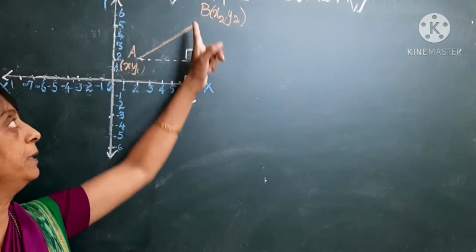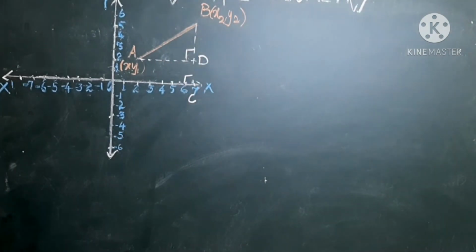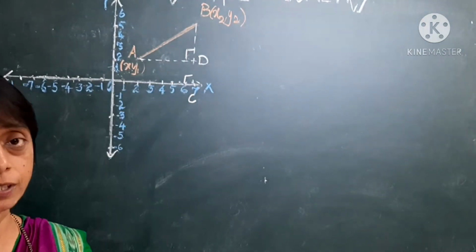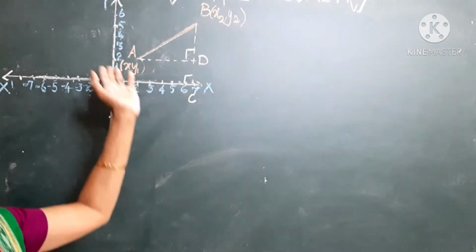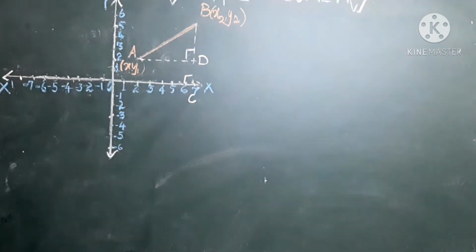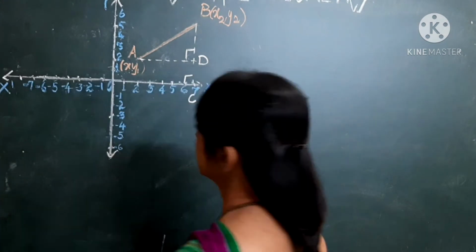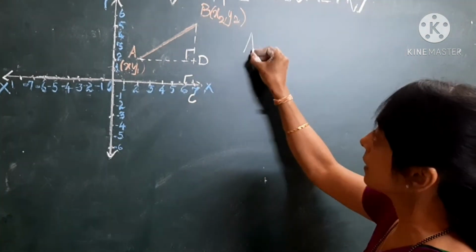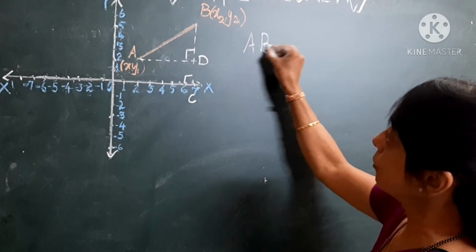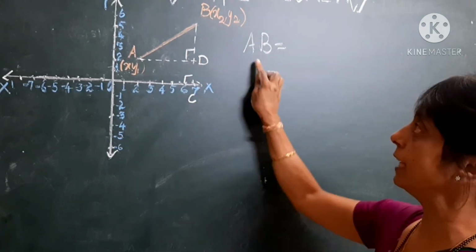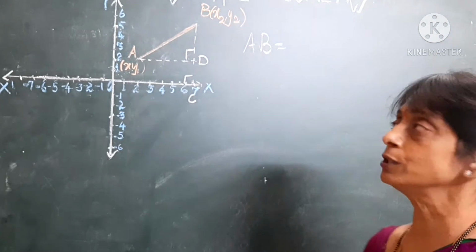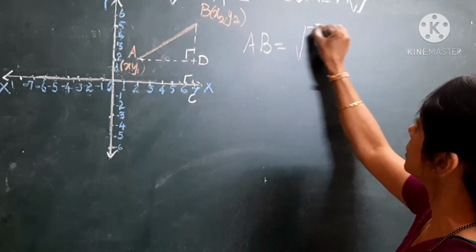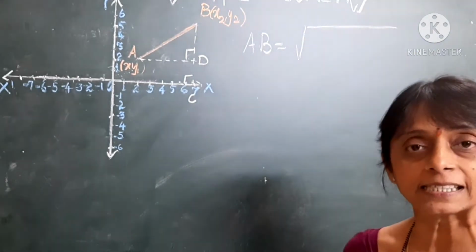So triangle ADB forms a right angled triangle, and in this AB is the hypotenuse, and we have to calculate the length of AB. In Pythagoras theorem, how do we calculate the length of the hypotenuse? Hypotenuse is equal to, or length AB is equal to, side 1 square plus side 2 square.